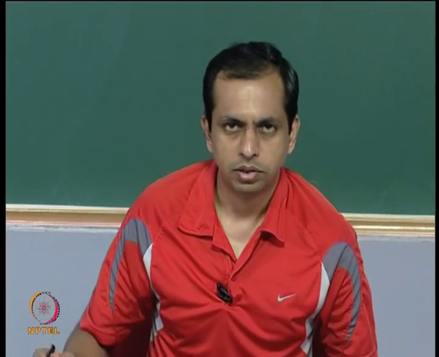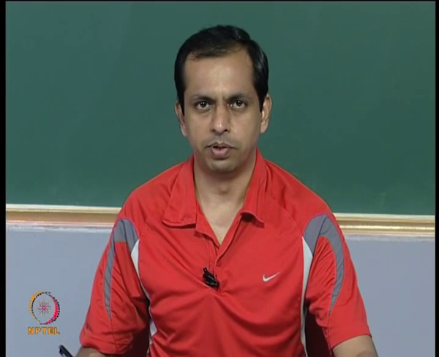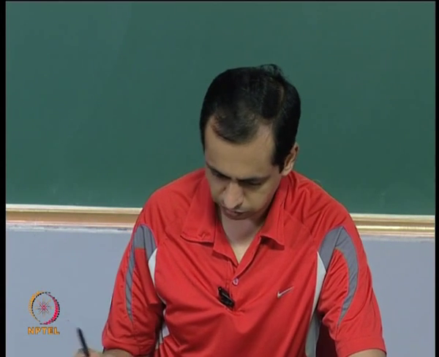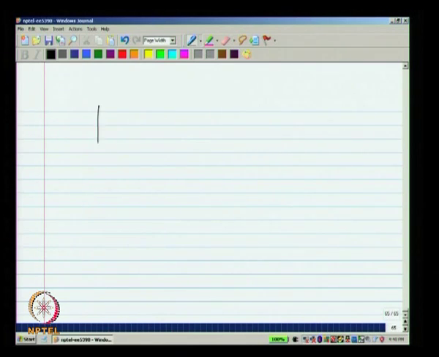So, instead of this kind of circuit, let us try to use a current controlled voltage source and see what happens. I know what a current controlled voltage source looks like.